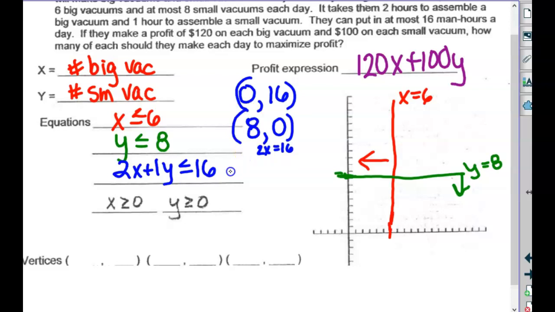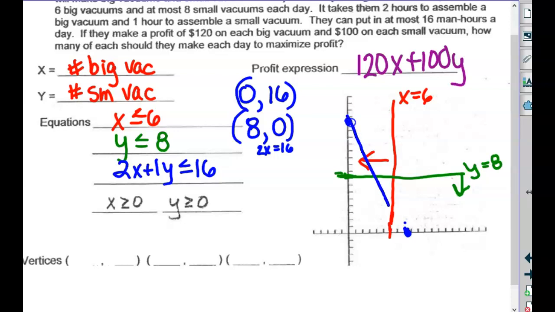Is anybody confused about that? Because I'm not showing work. You're okay with putting the zeros in? Okay. So I have 16 and 8. This was 6, so 8 this way would be here. This was 8. 16 is somewhere around there.